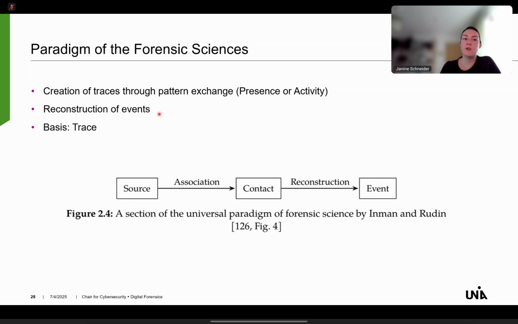We do that on the basis of traces, and traces are created through pattern exchange in this example, so the transfer of traits, by a presence or an activity. And this is also called the paradigm of forensic sciences. So we have a source that creates a contact, and we associate the source and the contact and use that to reconstruct an event.